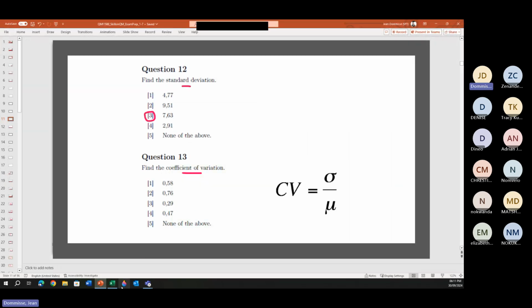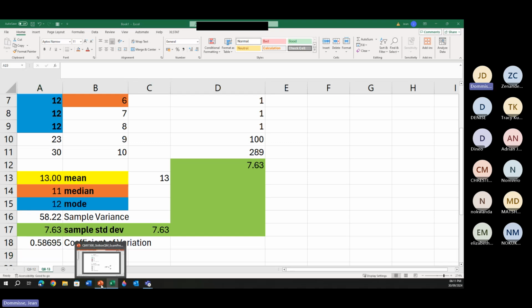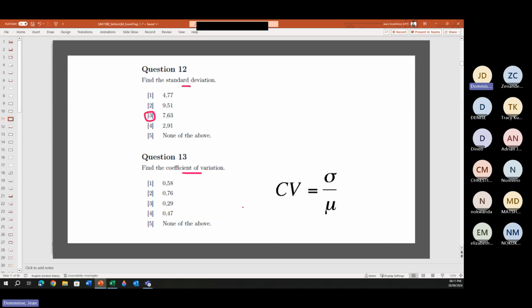So if one nearly makes a mistake at one, it filters through to a lot of the other questions. So it is very difficult again if you're not doing it with your financial calculator or with Excel, that if you make a mistake somewhere, so if you made a mistake with standard deviation or your mean, now suddenly you get the coefficient of variation also wrong.